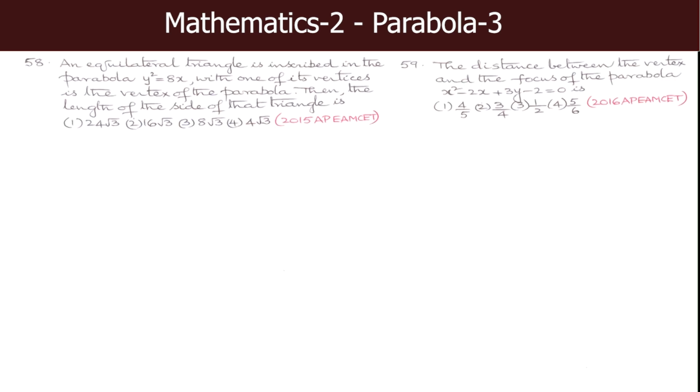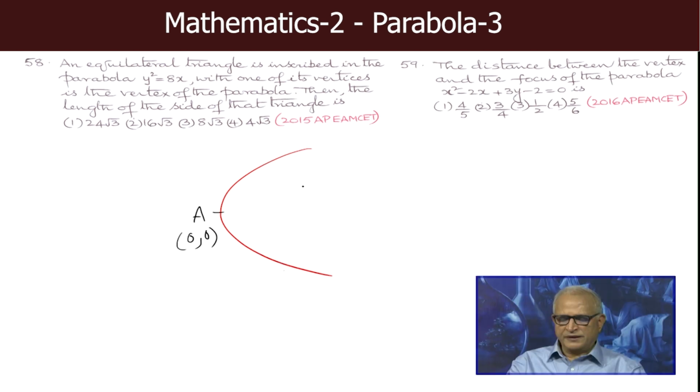58. An equilateral triangle is inscribed in the parabola y square equal to 8x with one of its vertices at the vertex of the parabola. Because the triangle is equilateral with one vertex at the origin, the perpendicular drawn from A to BC bisects BC, so BC must be the double ordinate of the parabola.